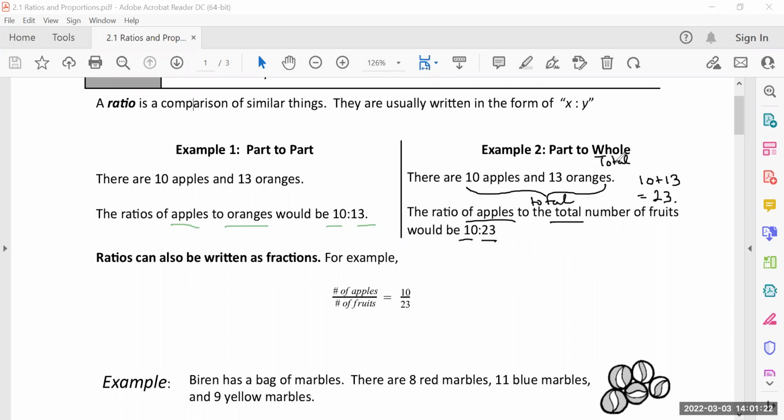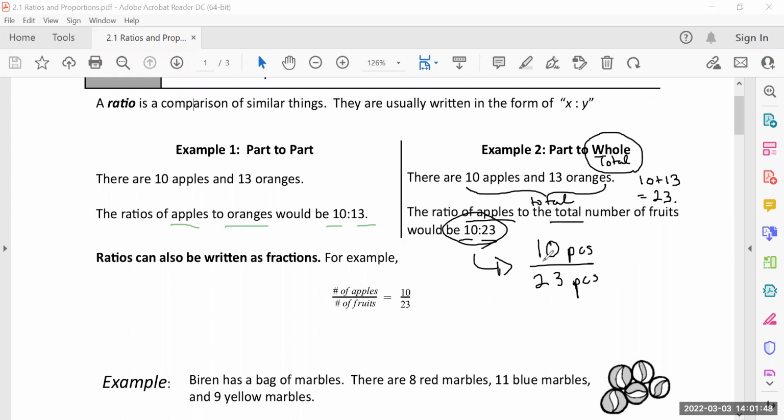Now here's a kicker. If we are able to write it from a part to a total, doesn't that seem familiar as us saying, let's say, 10 pieces out of the 23 pieces? Remember when we were talking about pizza slices or whatever? It's basically a fraction. So ratios can be rewritten as a fraction.